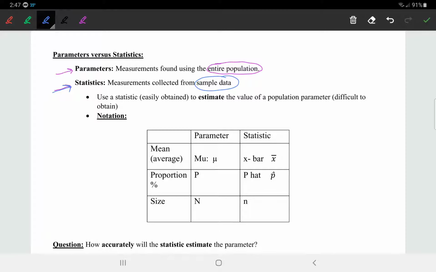Now, we use a statistic because it's more easily obtained, and we're going to use that to estimate the value of this population parameter. That is the measurement of the entire population, because it's difficult to obtain the actual population parameter.